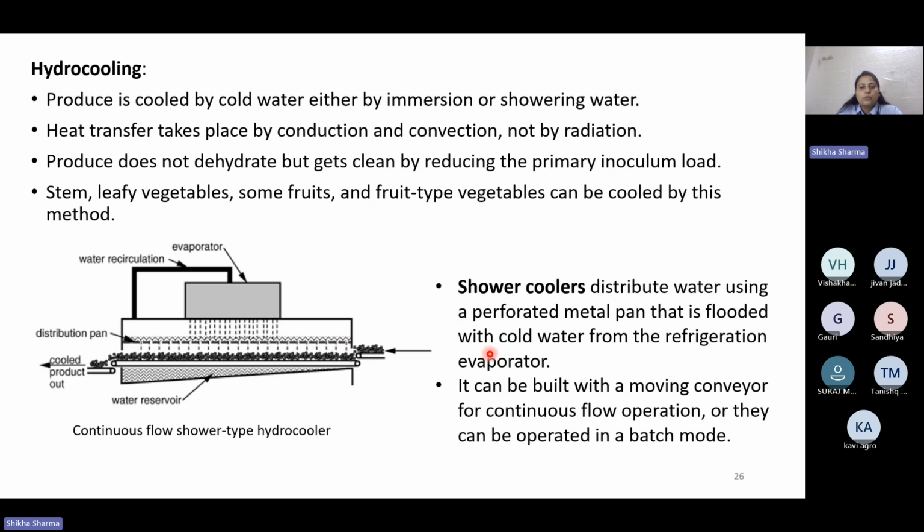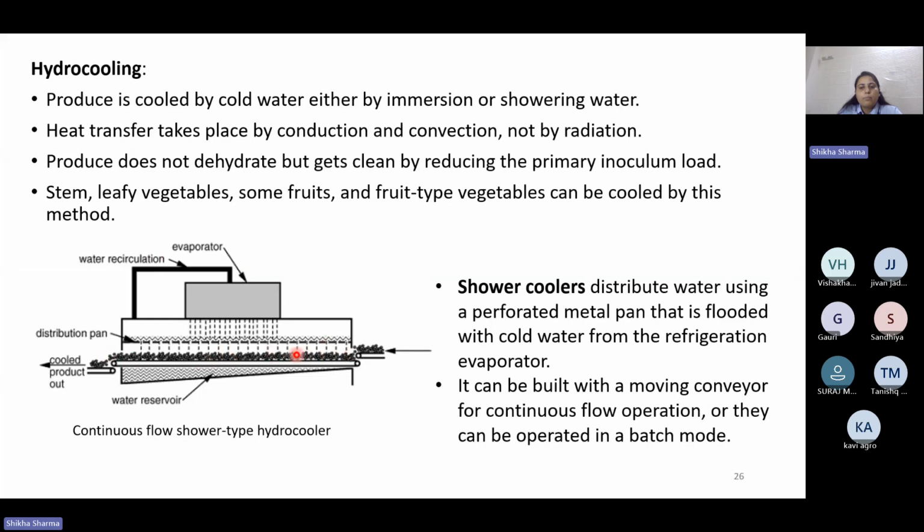So let's discuss a little bit about shower coolers. Shower coolers distribute water using a perforated metal pan. So there will be a perforated metal pan, and that is flooded with cold water. This cold water will come from the refrigeration evaporator system, and on the conveyor belt at the bottom, the product will be there.